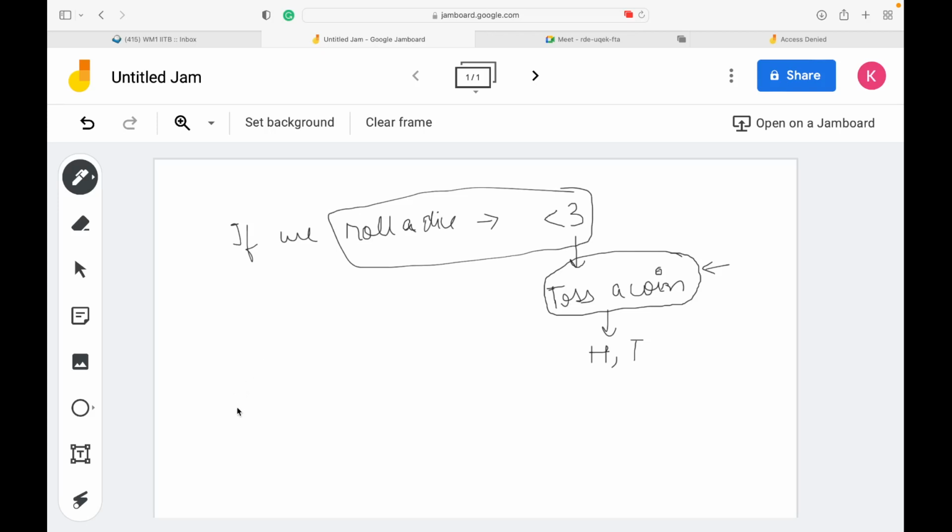Okay, so now if we want to find the probability that heads will occur after we get a 4 on the first event, then the first probability will be the probability of getting a 4, and then the probability of heads given that the 4 has occurred.